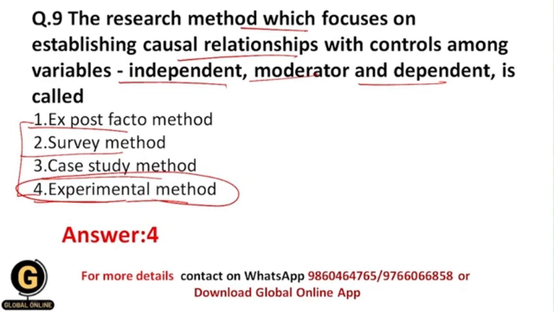And I have told you earlier what is ex post facto method, what is survey method, and what is case study method. So here within the ex post facto method I won't be having the control over the variables, right? That's why it gets eliminated. Within the survey method, though I will be having the variables, but still my focus is not on establishing causal relationships, because here I am getting the opinions from my respondents.